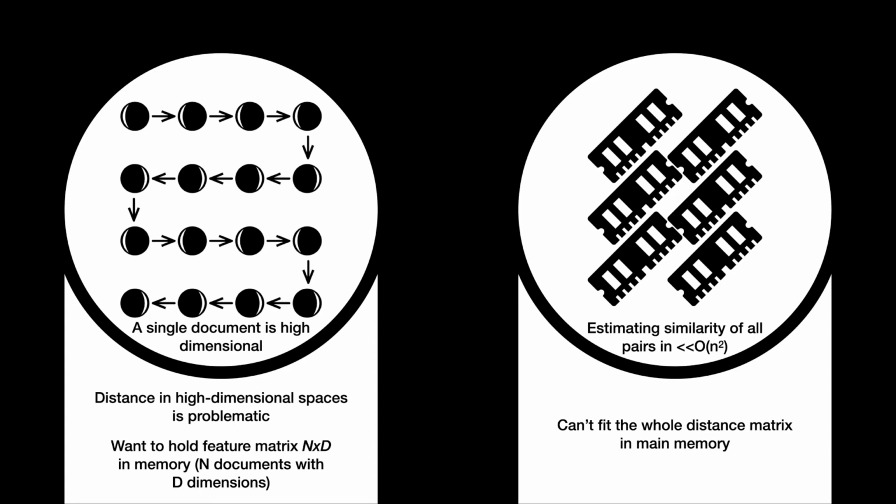So either all of their features, or if you were talking about rows of images or a data set of images, it could be all pixels in the image. So just storing the matrix that characterizes all of our data could itself be very large, let alone the similarity matrix comparing all of our elements. So we need to address these two problems.